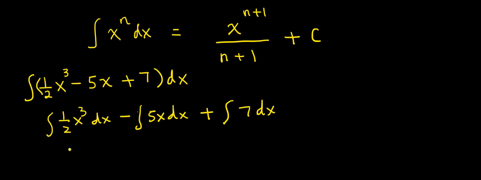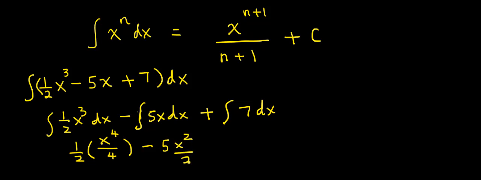So you end up getting 1 over 2 times x to the 4th power over 4, minus 5x squared over 2, plus 7x, and then don't forget to put plus c.